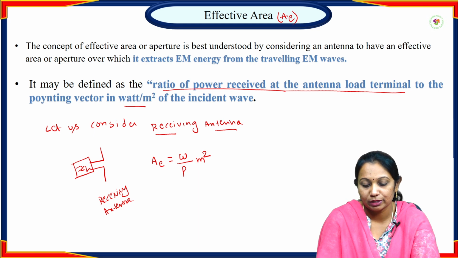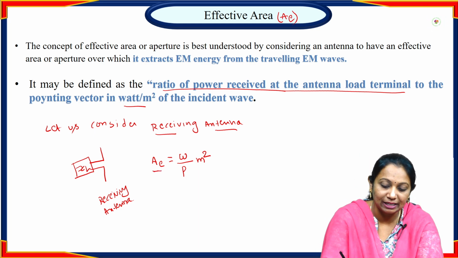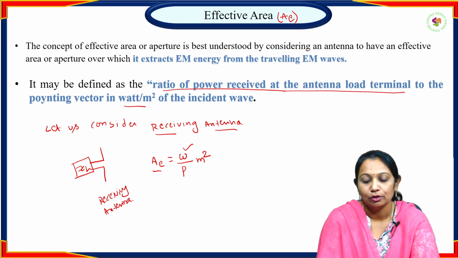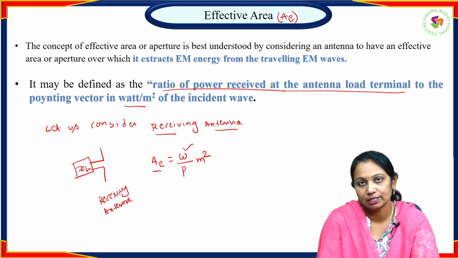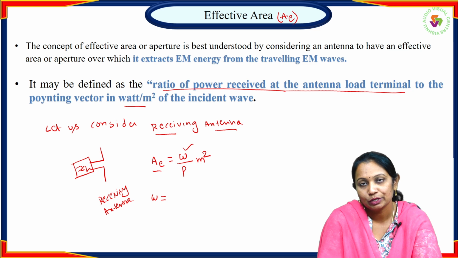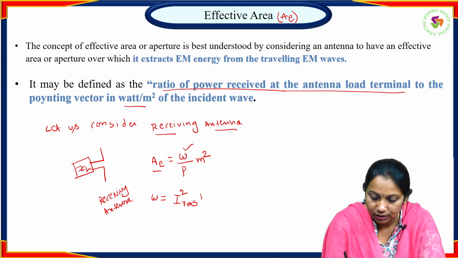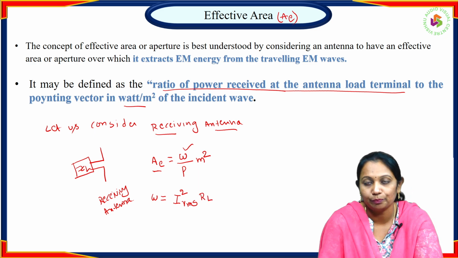Now, to get the expression for AE, we need the expression for W, the power received at the terminals of the receiving antenna. In general, W is equal to I square RMS into RL.